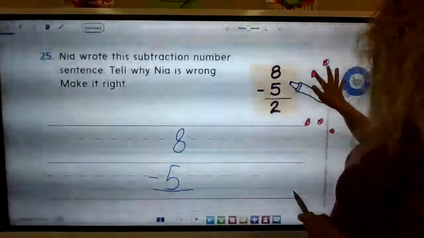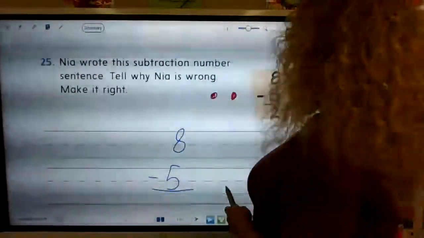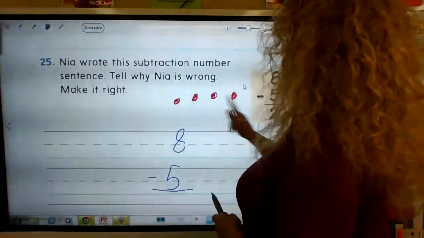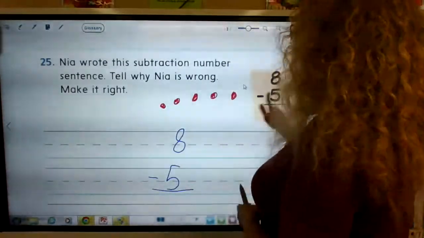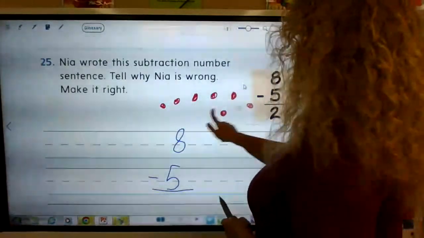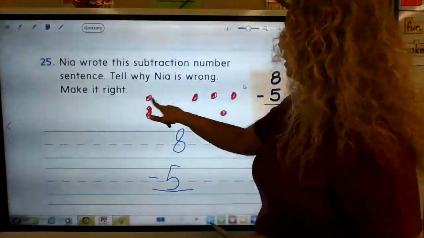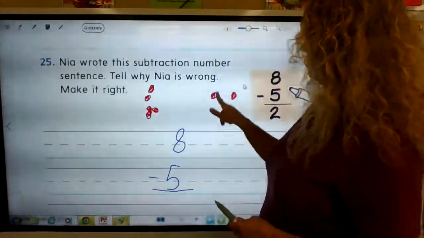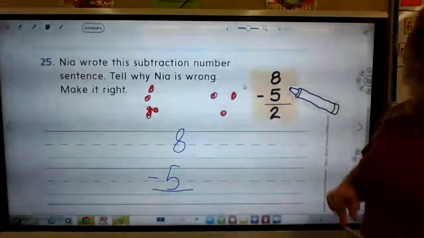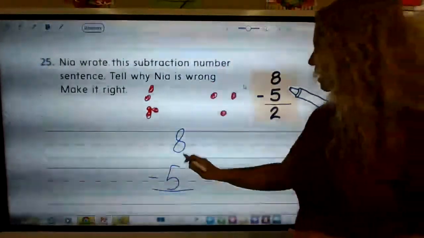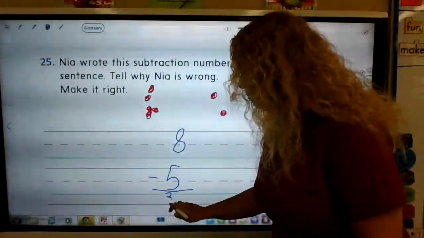So if I have 8, 5, 6, 7, 8. Okay, and we take 5 away. 1, 2, 3, 4, 5. What's left? 3. So 8 minus 5 equals 3.